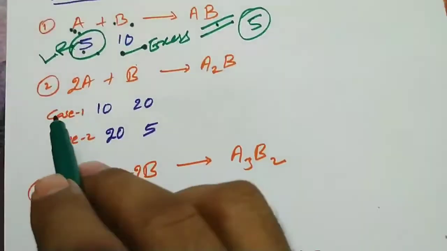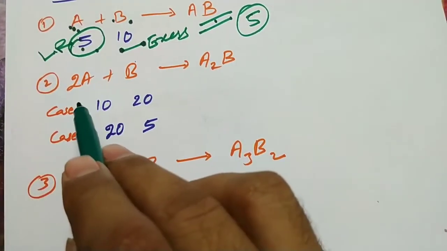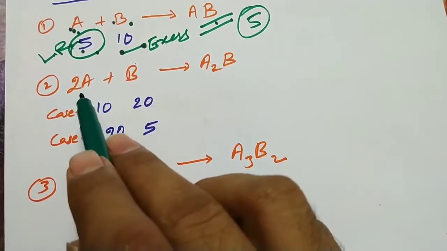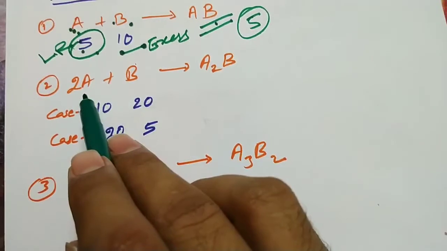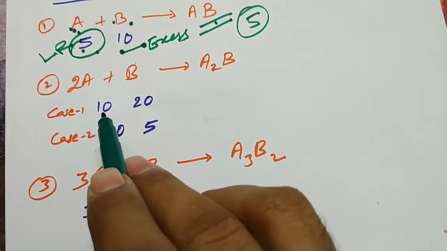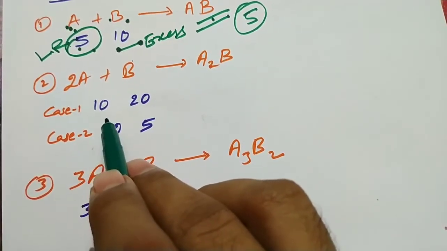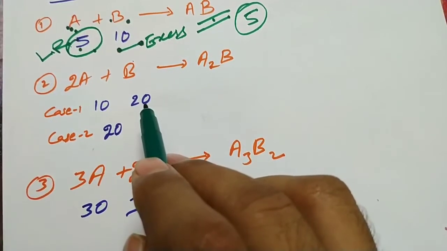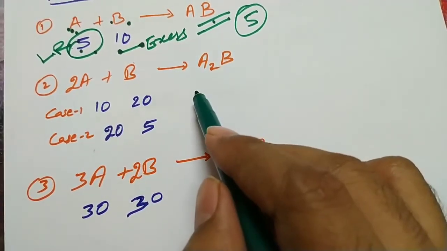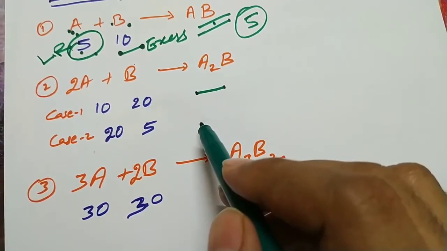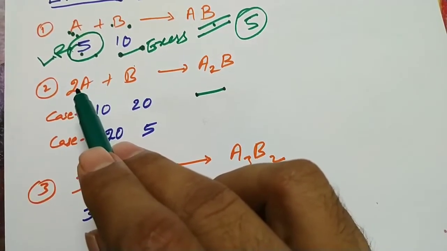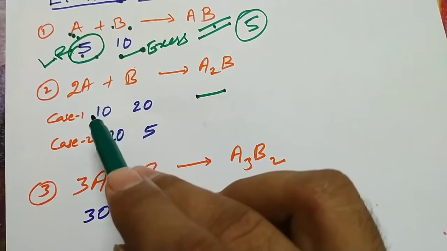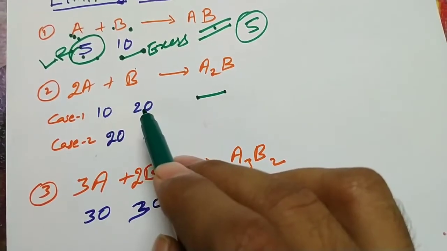Like that. In the second question, first case, 2A plus B gives A2B. Then A, how many are there? 10. B, how many are there? 20. Now, how much A2B will be formed? According to this equation, if 2 A are there, B required is only 1. Here 10 are there, B required is only 5.